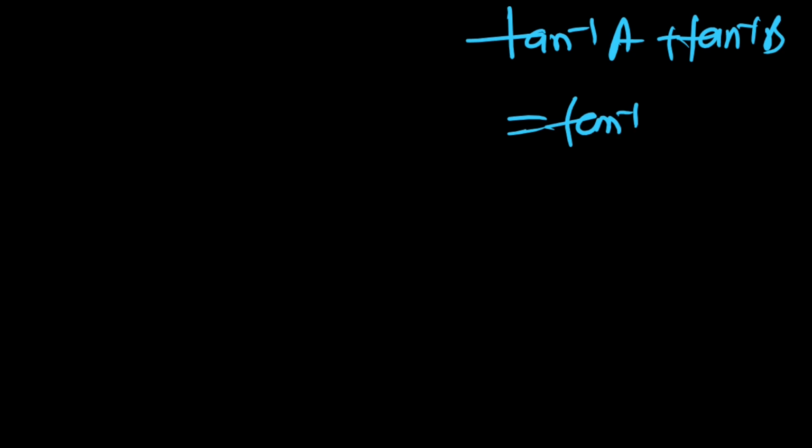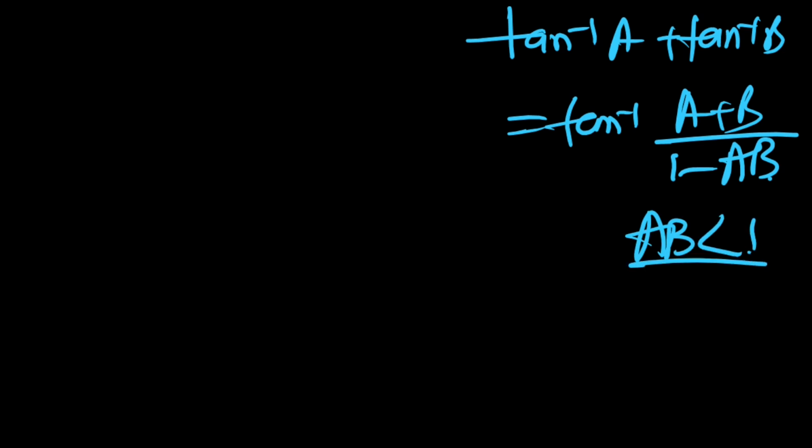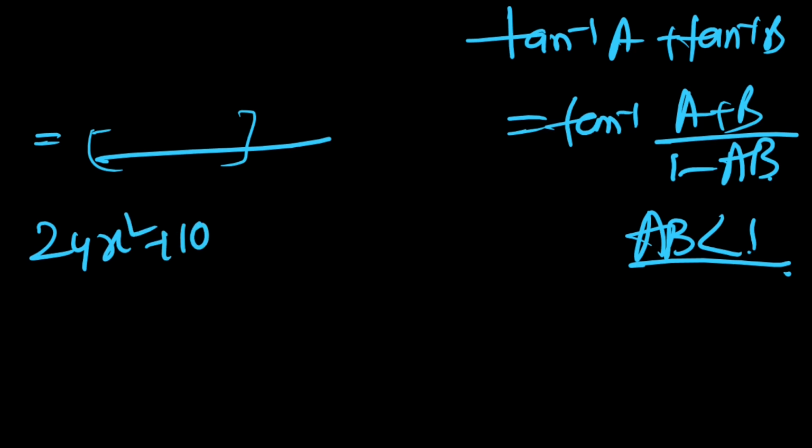So overall in this question we use one formula, that is tan inverse A plus tan inverse B, that is actually tan inverse of A plus B over 1 minus AB, where AB is less than 1 in this given interval. We break it and simplify, and we get a quadratic equation, that is 24 x square plus 10 root 3 x minus 1 is equal to 0, and we find the solution.